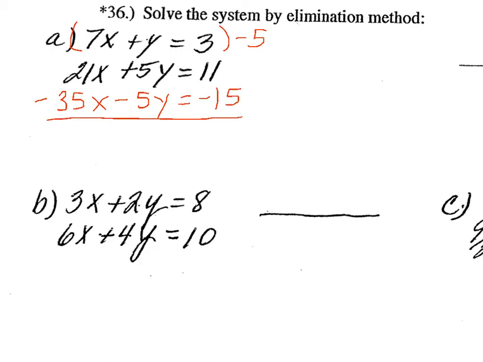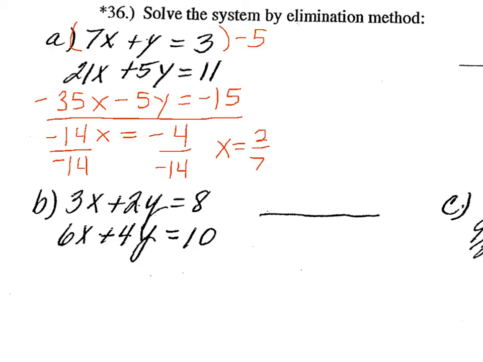So we end up with negative 14x equals negative 4. When we divide by negative 14, we get x equals 2/7.